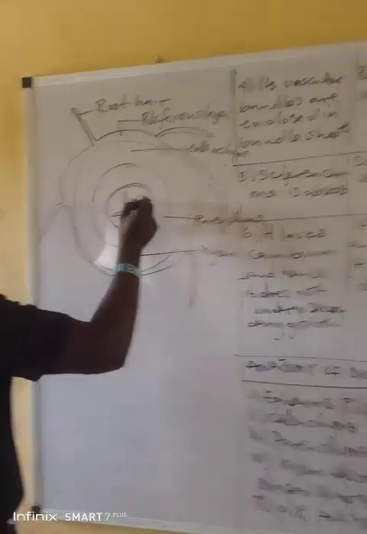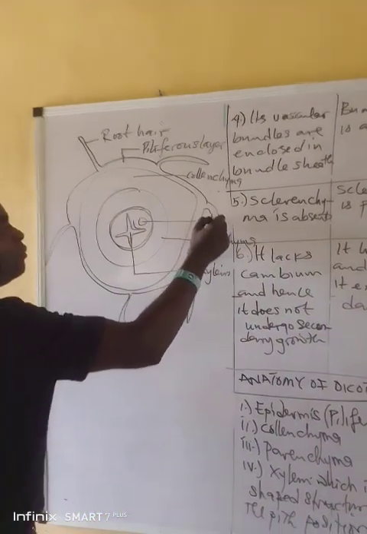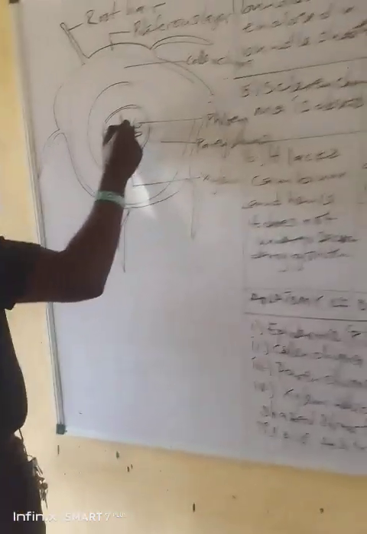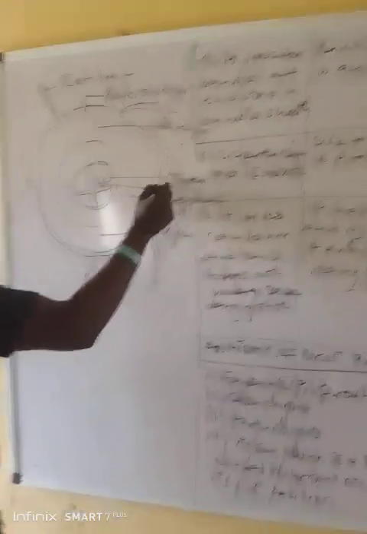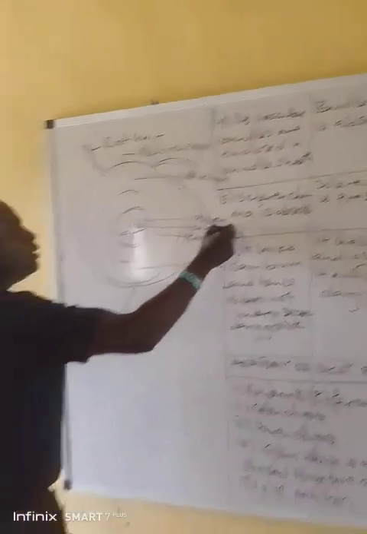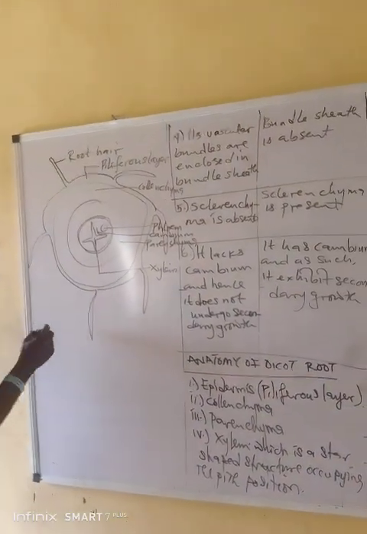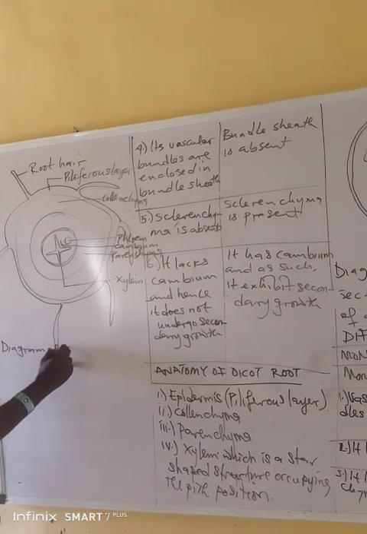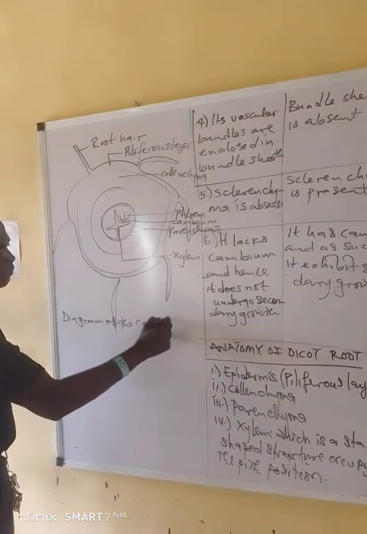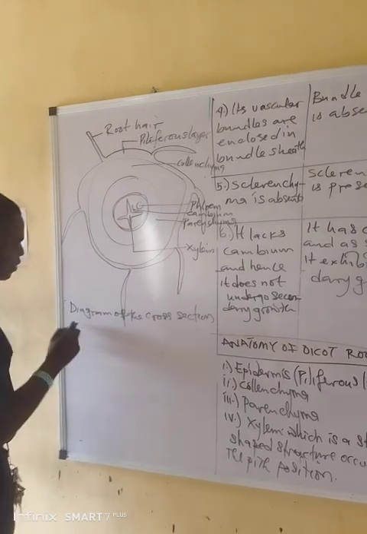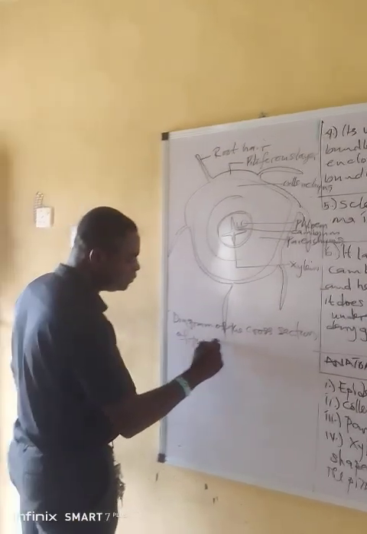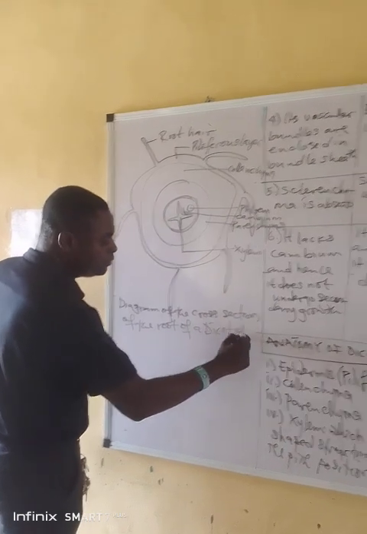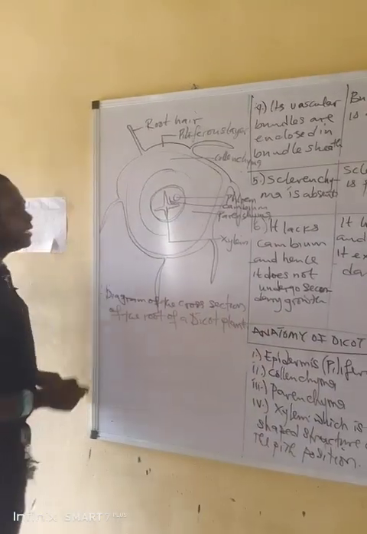Then this one now is the phloem. What is in between them is the cambium. So what we have here is the diagram of the cross section of the root of a dicot plant. Can you see that now?